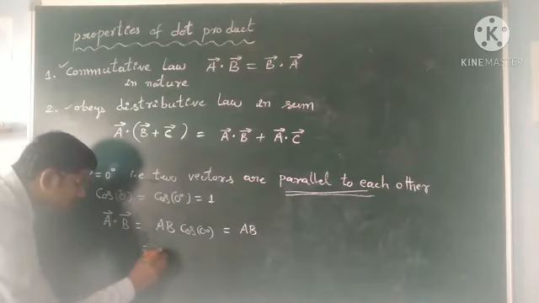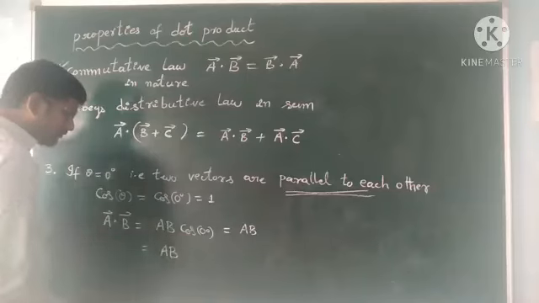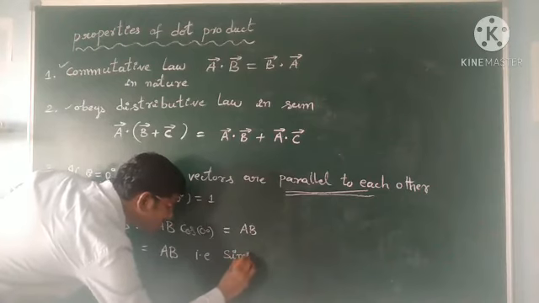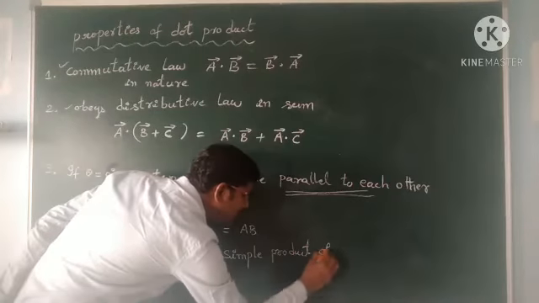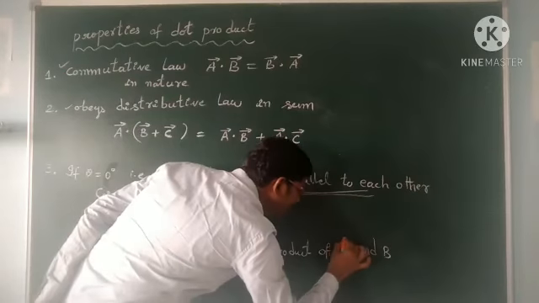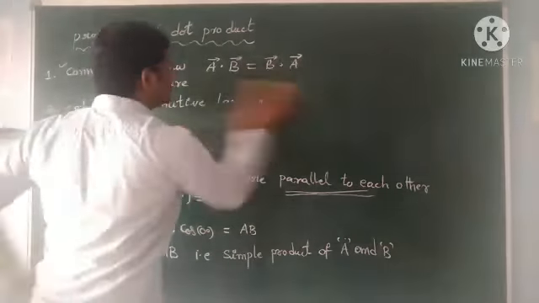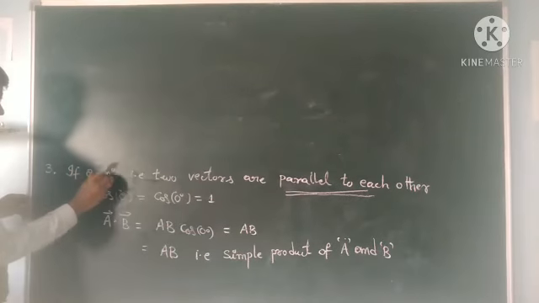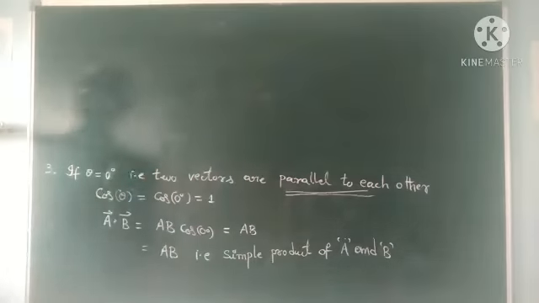A bar dot B bar is equal to simply A into B. It is a simple product of the magnitude of A and the magnitude of B. So the property we are seeing is: if theta is 0 degrees, the two vectors are parallel.